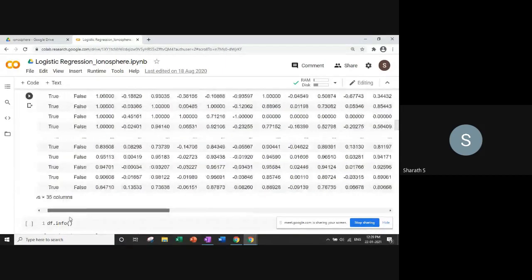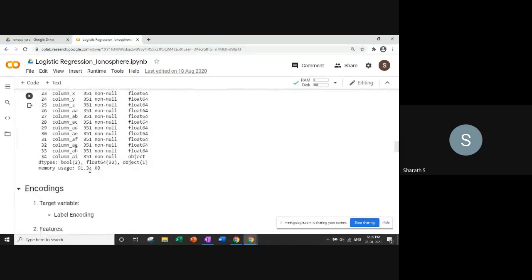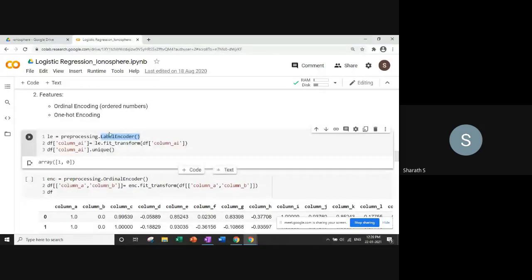So instead of doing that, the label encoder function within scikit-learn is going to do it automatically for you. So this is how you define a label encoding, and you are going to use that label encoding on a particular column, which is the last column here. And when you apply the transformation, automatically the G's and B's are going to get converted into zeros and ones. Okay, and then you want to see by calling the unique function.